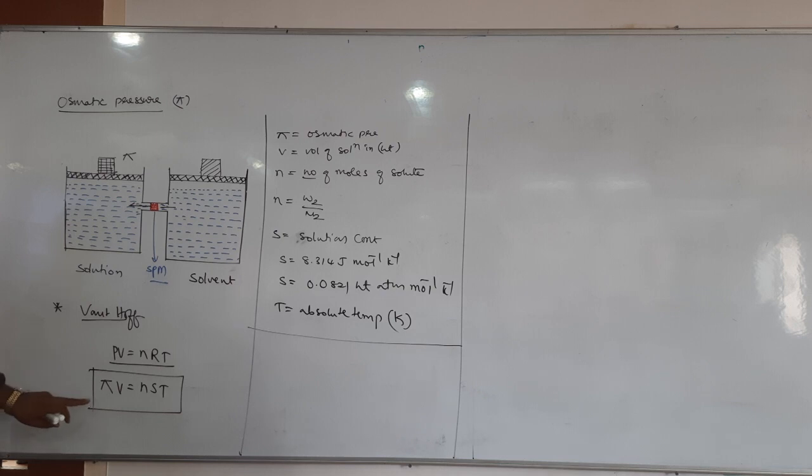That is, take this: pi into V equal to nST. Take all the terms. Pi equal to osmotic pressure, V equal to volume of solution in liters, n equal to number of moles of solute, S is the solution constant, T is absolute temperature, it must be in Kelvin.